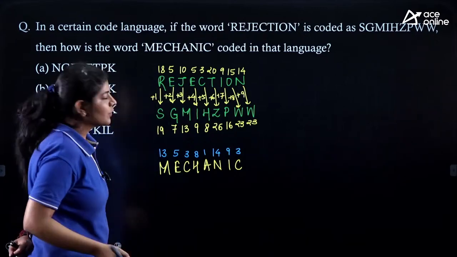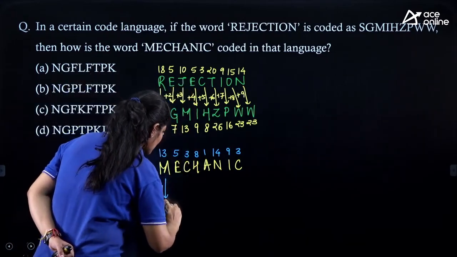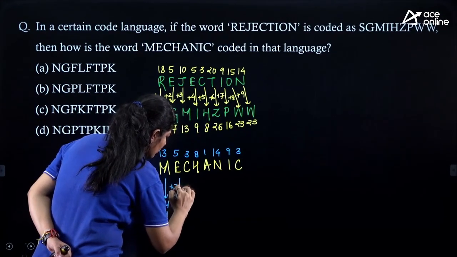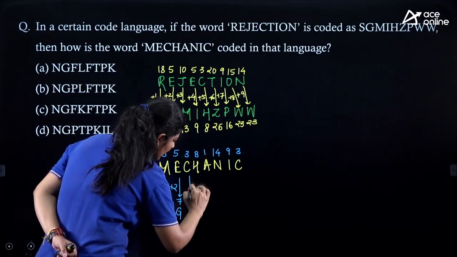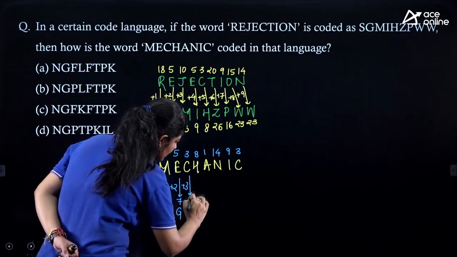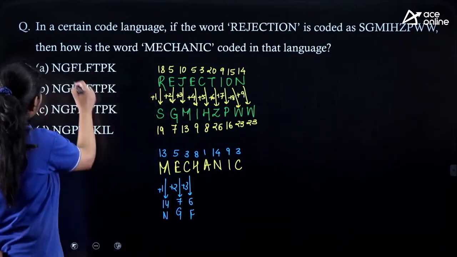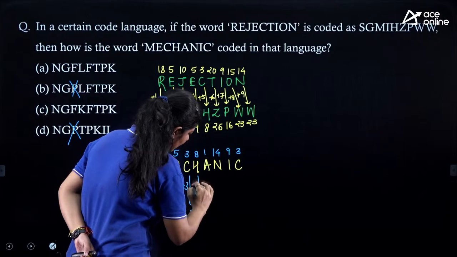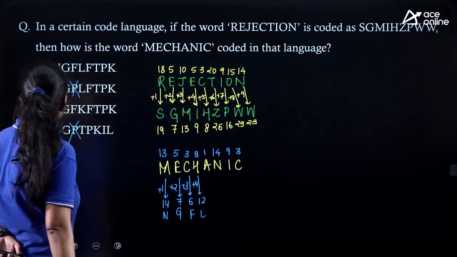Now we just have to replicate the same logic over here, plus 1. 14, 14 is associated with N, plus 2, 7, 7 is associated with G. Next plus 3, that will become 6, 6 is associated with F. N, G, F. Next, plus 4, 12, 12 is associated with L.